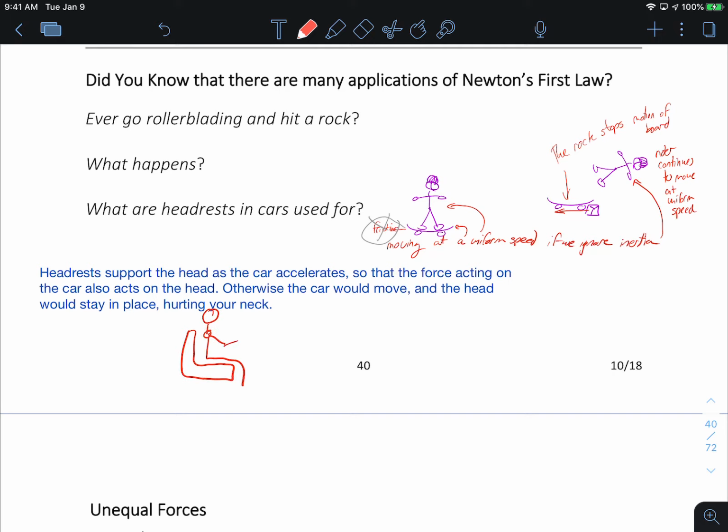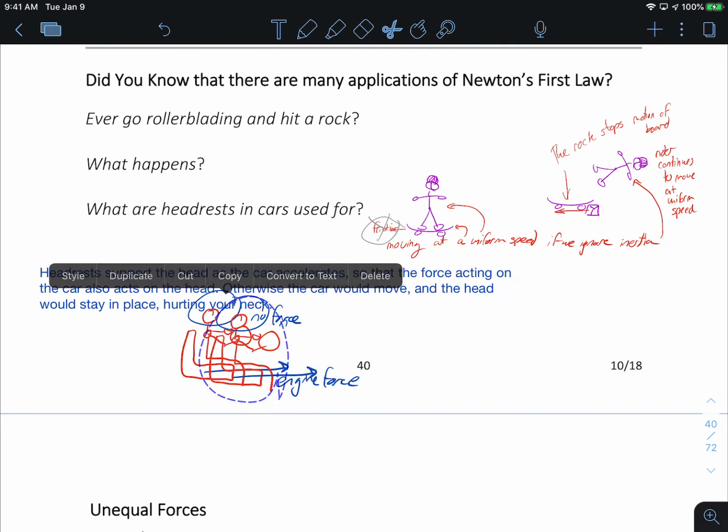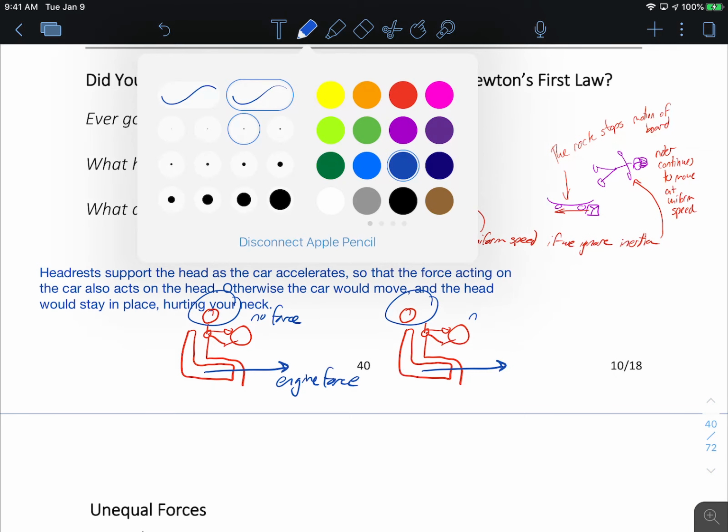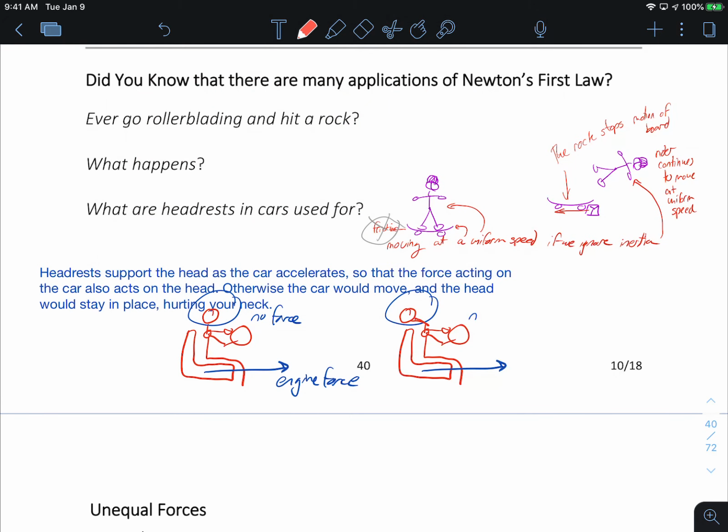So if we duplicate this, it will very quickly be a case where the head stays here and the car moves forward. And then the person's neck is going to go like this. Ugh. And then sore neck.